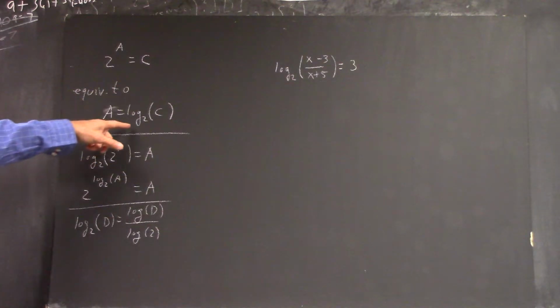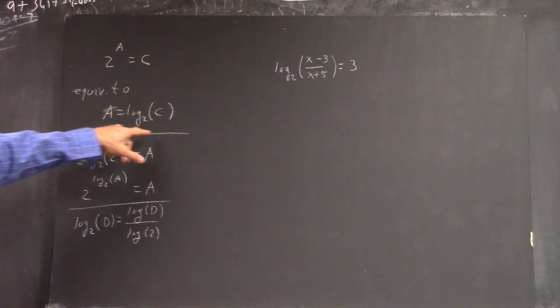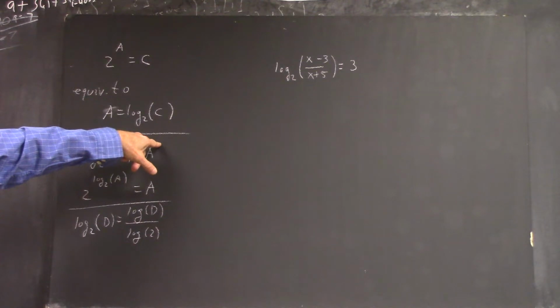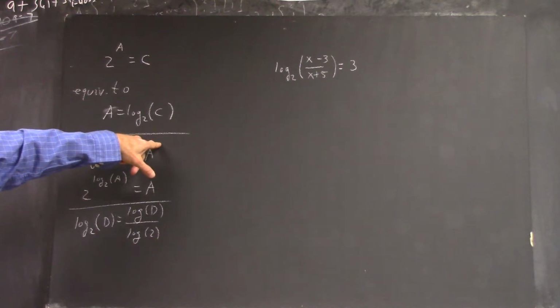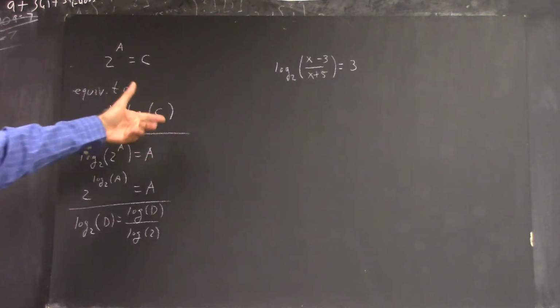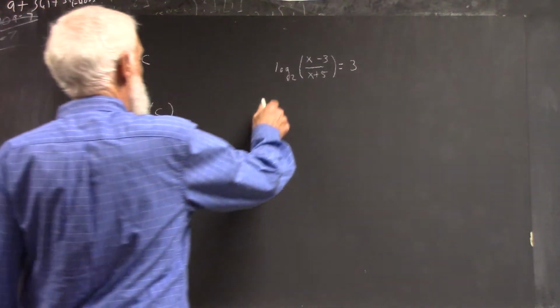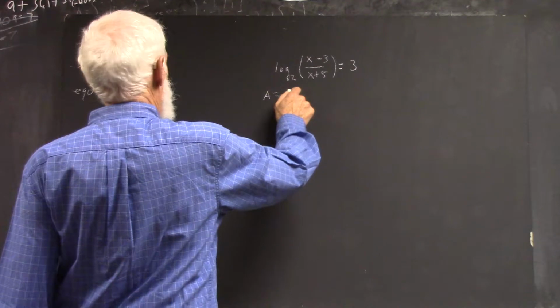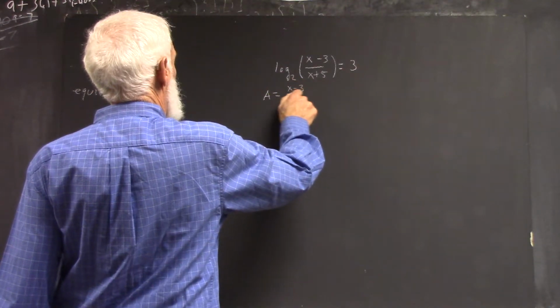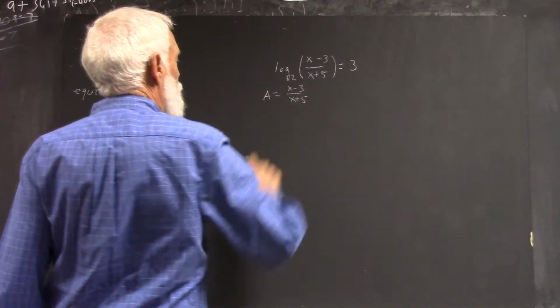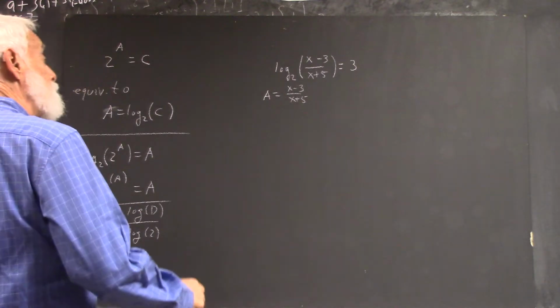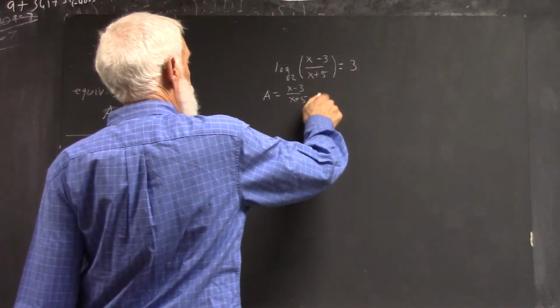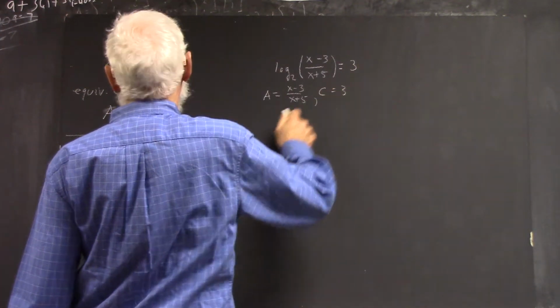Well, now it's got to be in the form that has a log base 2. Is it in the form of this equation? Sure is. So what do you do? You identify A equals x minus 3 over x plus 5. C equals 3.